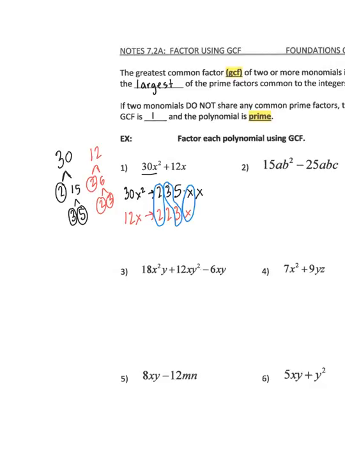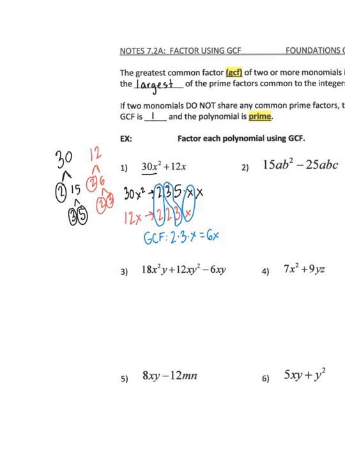So that means my greatest common factor is 2 times 3 times x. Now to get my answer, I'm going to take that 2 times 3 times x and multiply that out. That gives me 6x.